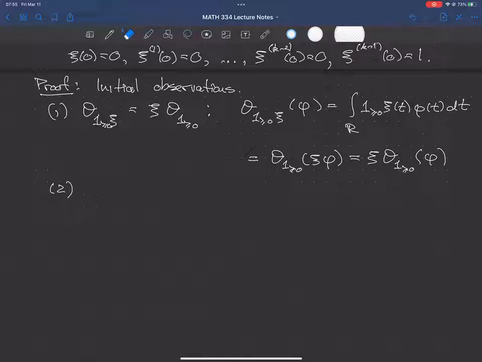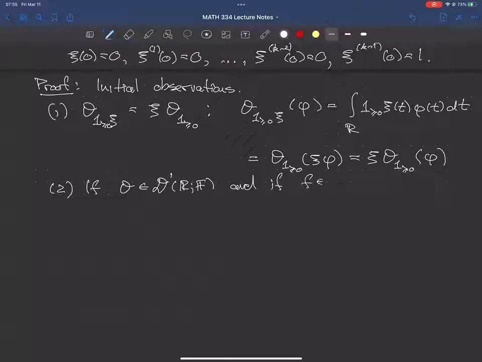Okay, and the claim I'm going to make is this: that if theta is any distribution and if f is any infinitely differentiable function, then the derivative of this distribution, okay, right? So this means the product of this distribution by this infinitely differentiable function, just like we talked about last time and that I'm also using up here. Okay, so I claim that the product rule is satisfied.